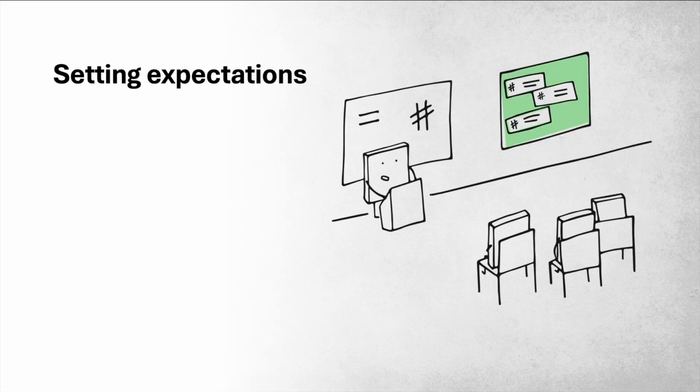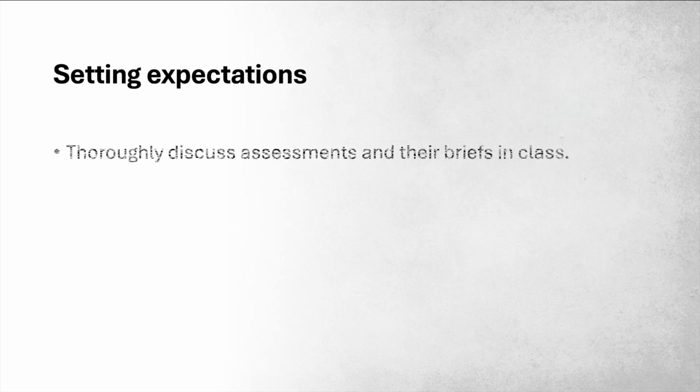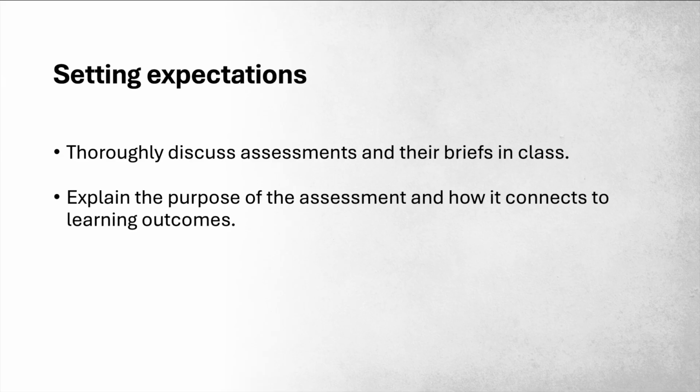Setting expectations. So we're nearly there. Once expectations have been set in the brief, the next step is to clearly communicate them in the classroom. Provide written instructions. Talk through them. Take your time with the students so nothing is left open to interpretation. And this is why offering a draft is always a really helpful thing. Explain the purpose of the assessment.